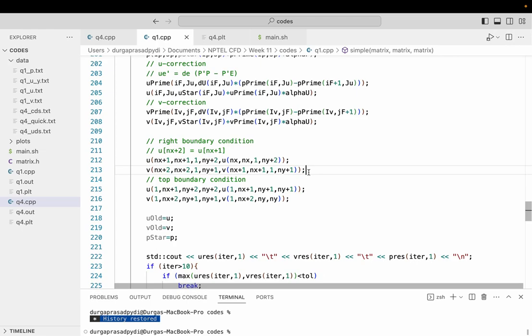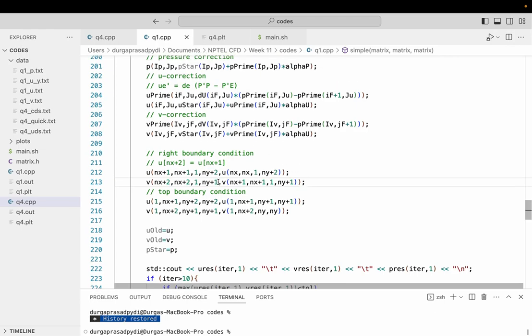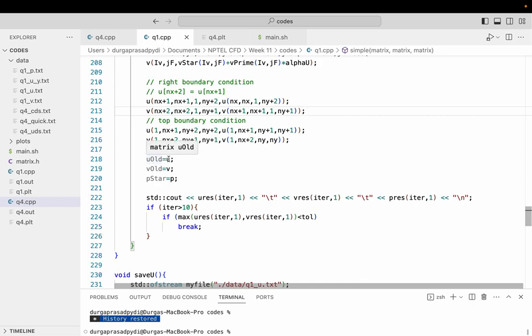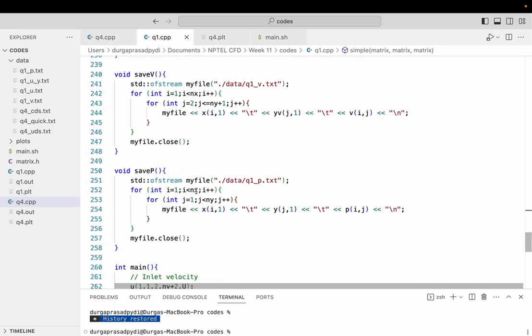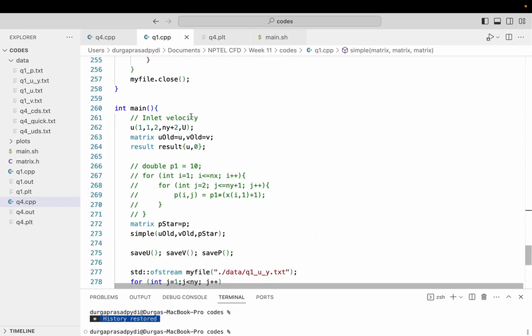Once I update the boundary conditions, I will update the previous value to be the current value, u old is u, and all these values. And then you keep on iterating this. The iteration is something I have done in the main loop, so in the main loop you need to give your boundary conditions. By declaring the matrices, all the values of velocity are initially 0. Only the inlet velocity should be present, and this should be present only on the west boundary.